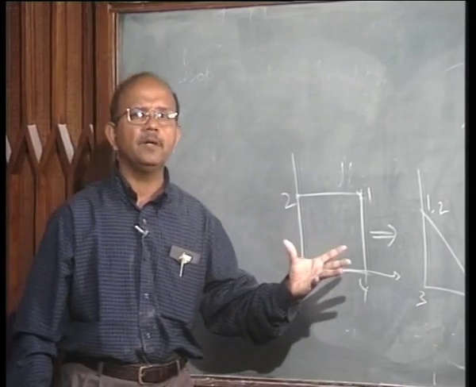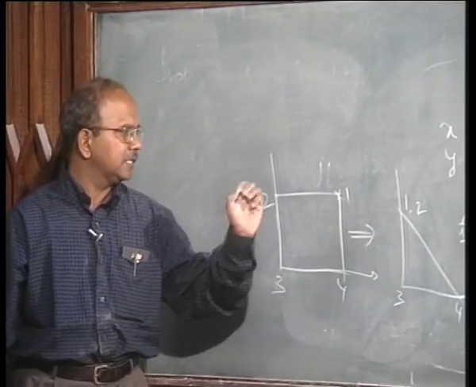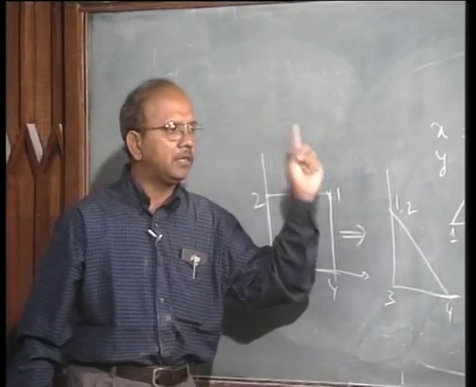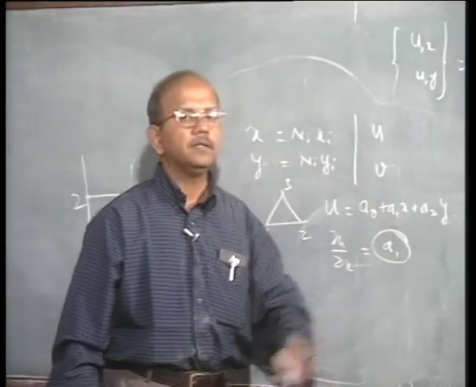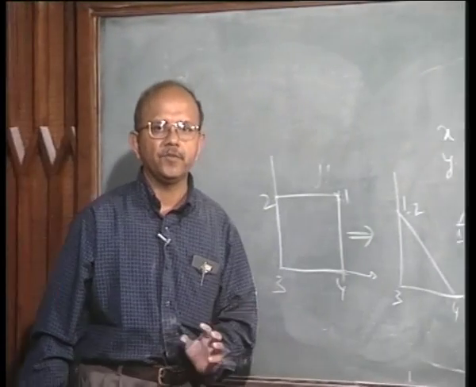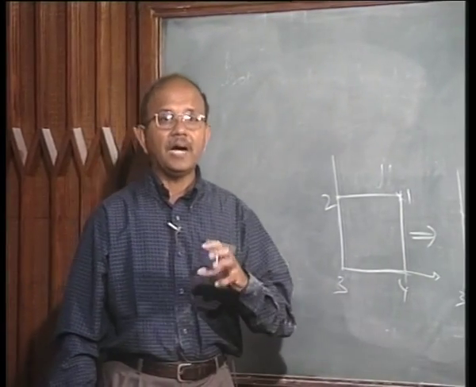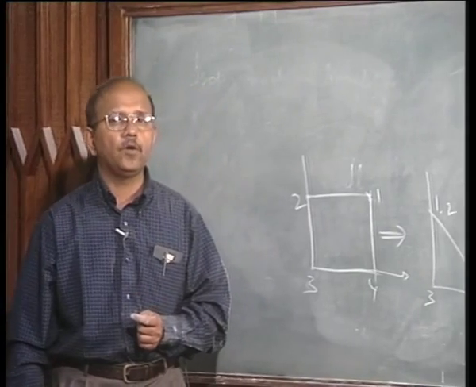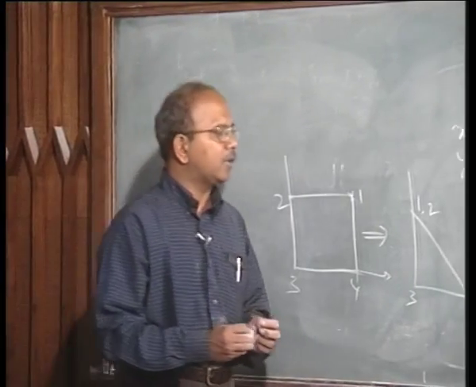This is very simple, and I will do that in the next class by taking a simple example and following all the steps that I have done in this class and the previous class. The other way of doing it is by following what is called the area coordinate system.